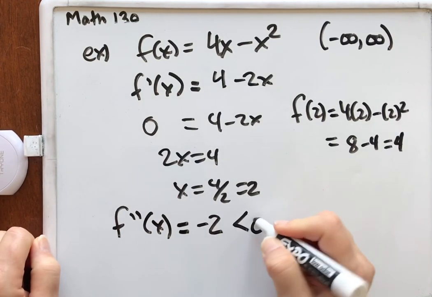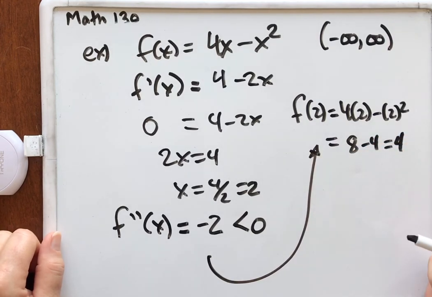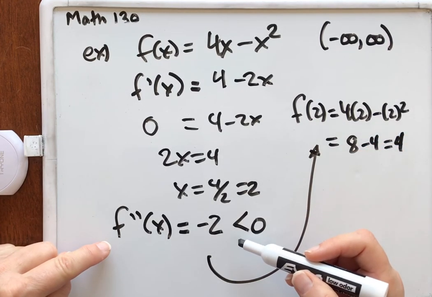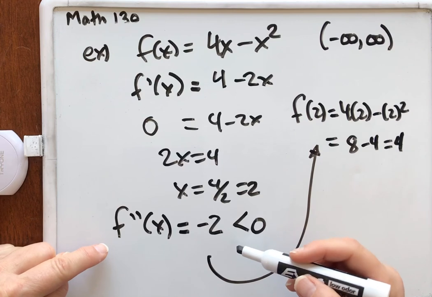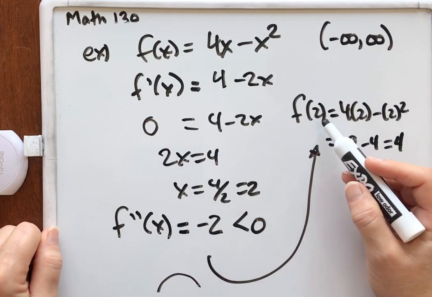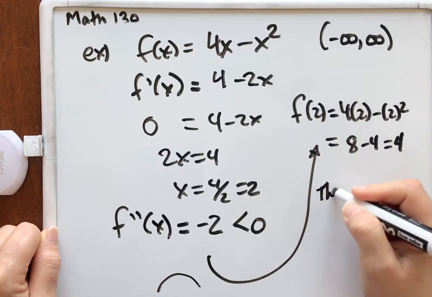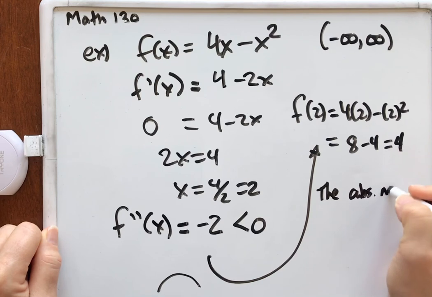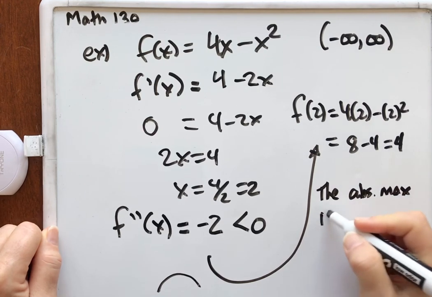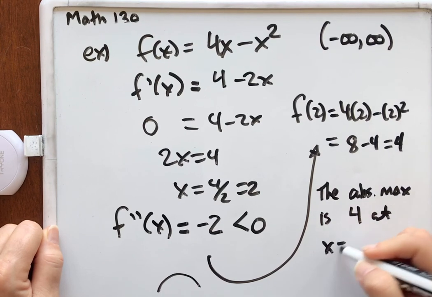Minus 2 is less than 0. So what does that tell us about f of 2? If this is less than 0, then we know we are concaving down, and therefore f of 2 is an absolute max. So we state the absolute max is 4 at x equals 2.